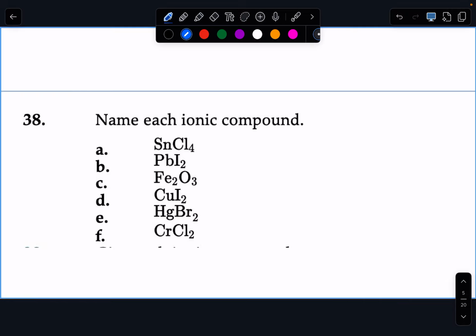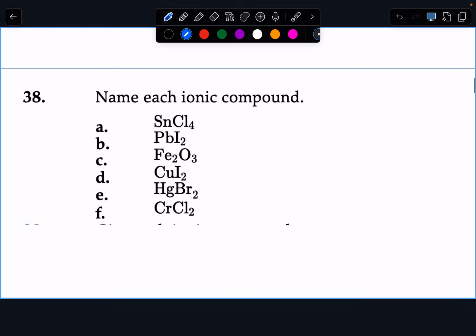Okay, and like I said, the last one's a little bit trickier. For A and B, these are both transition metals. So we need to be able to identify the charge. So if we know that chlorine is a -1, then that means that if there had to be 4 of them, tin must have been a 4 charge. So it would be tin 4 chloride.